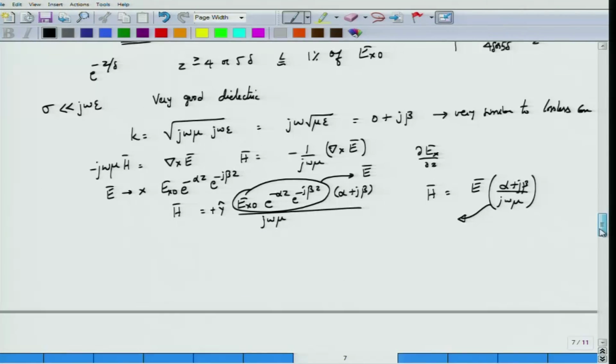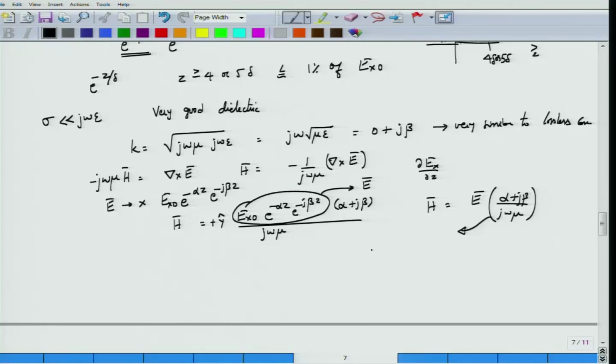So E by H is impedance, therefore the ratio of the electric field to magnetic field in the case of this imperfect dielectric is given by j omega mu divided by alpha plus j beta. Alpha plus j beta is nothing but k, and k is nothing but square root of j omega mu into sigma plus j omega epsilon, and this can be further simplified and written as j omega mu in the numerator divided by sigma plus j omega epsilon, all under the square root.